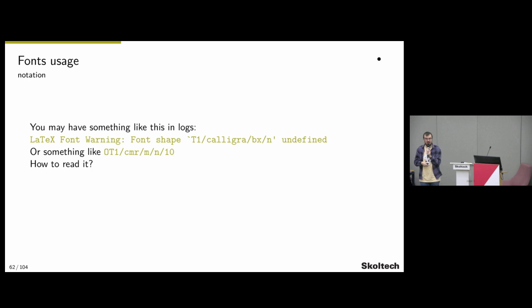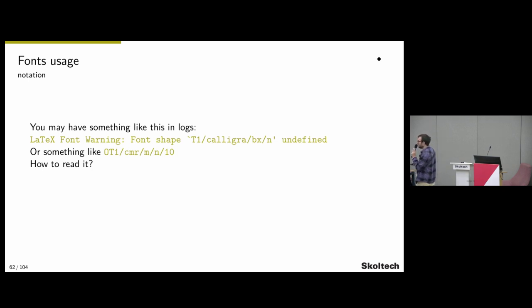This is because every shape that you change must be produced by the designer of this font. For standard shapes, for example italic and bold, most of the fonts have this shape, but still we have a lot of shapes, and you will see them on the next slide.